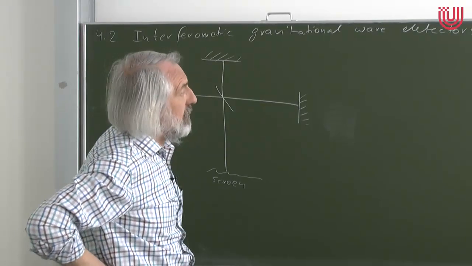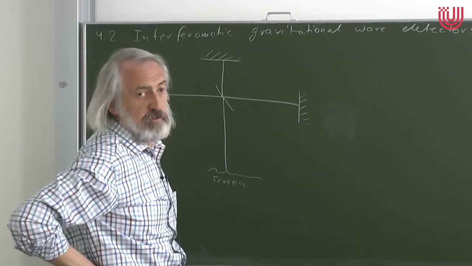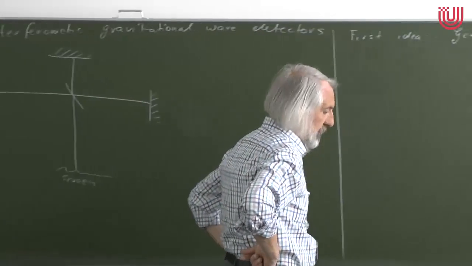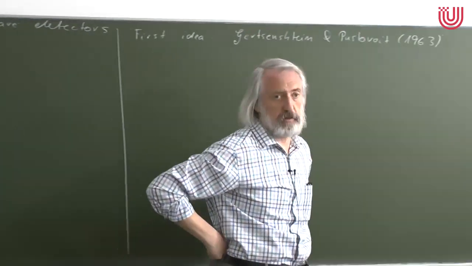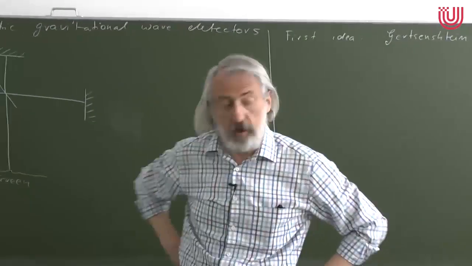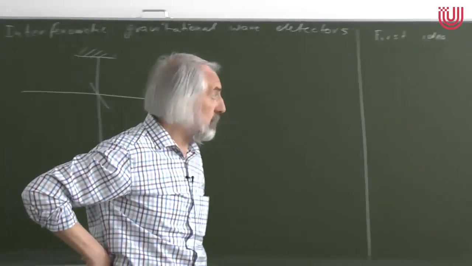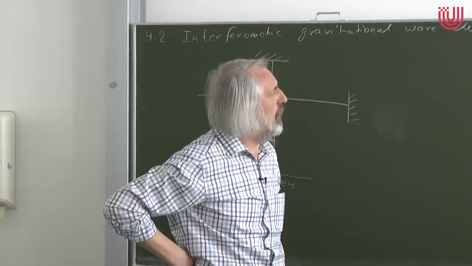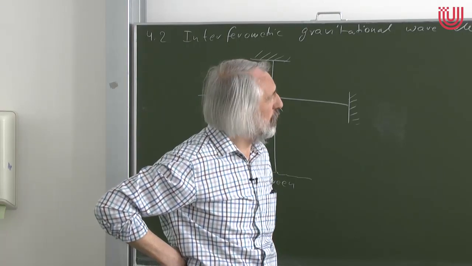Okay, so this was in '63, but for a couple of years nothing happened. In particular in the Soviet Union, they did not build such a detector. They never built a big detector. There was a group in the Soviet Union and later in Russia working on gravitational waves, a very strong group headed by Vladimir Braginsky, who passed away last year or two years ago.